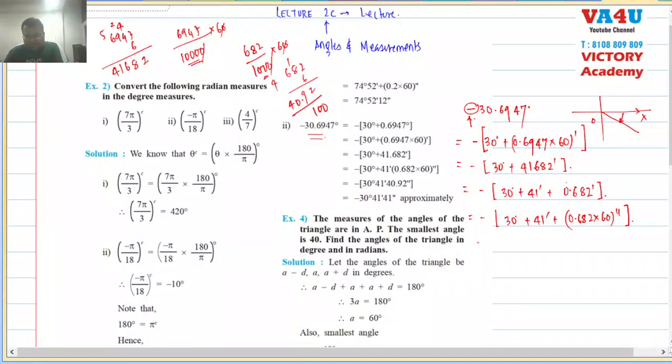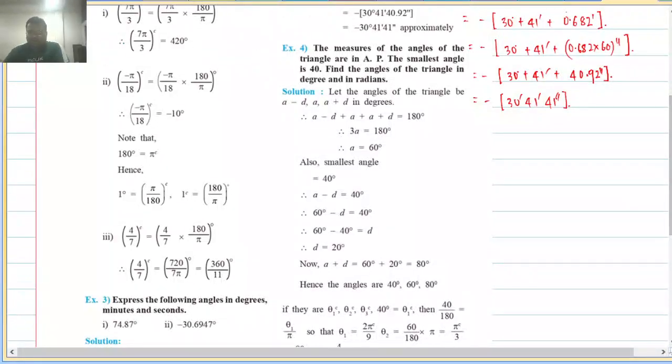So this is minus 30 degree plus 41 minutes plus 40.92 seconds, which we are approximating as 41 seconds. So this answer is 30 degree, 41 minutes, 41 seconds minus. That is the answer. Okay.